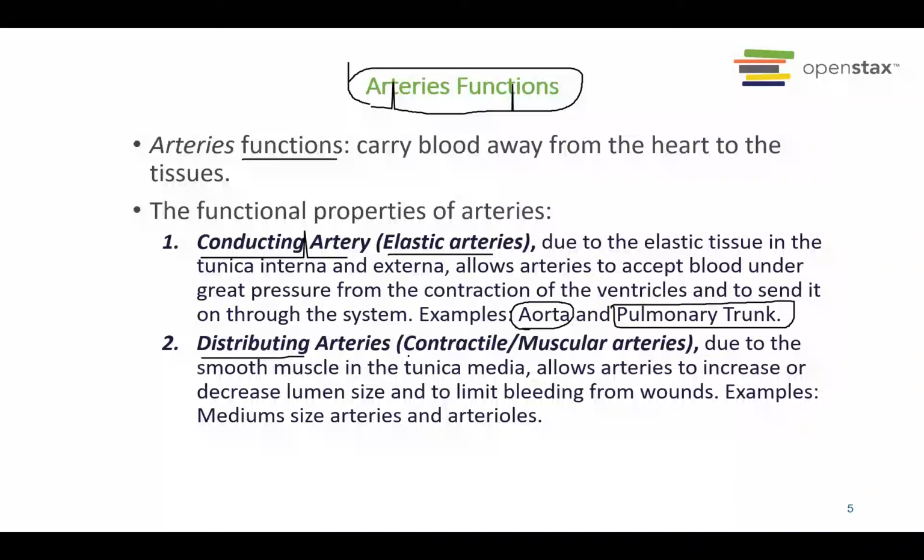They are also known as contractile or muscular arteries because they have muscle that will distribute the blood into the tissue, into the capillaries.